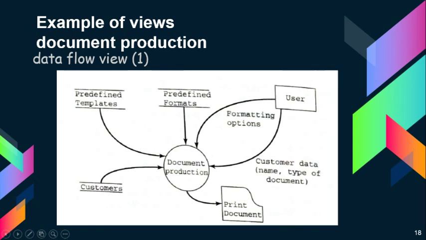For example, a library of predefined templates, say contracts of several types in which specific data such as names, dates, and amounts are missing. Second is the database of customers who have already been in touch with the office, and the customers themselves. And last is the set of predefined formats to be selected to print the document.